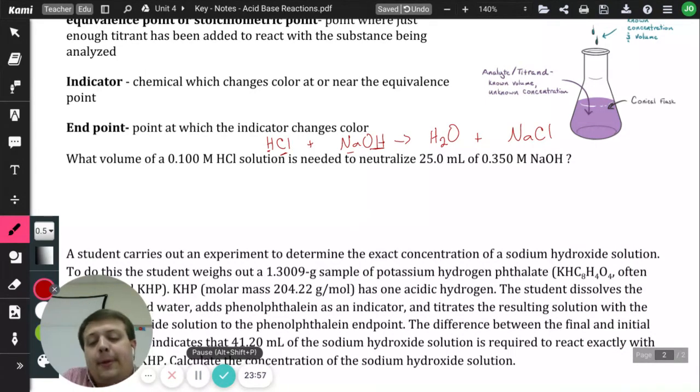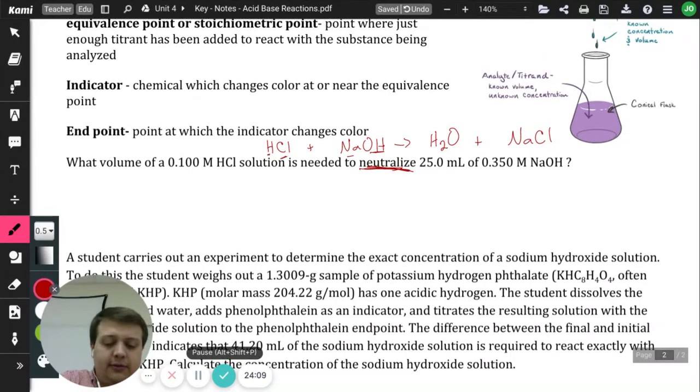Now, the question asks, what volume is needed to neutralize 25 milliliters of a 0.35 molar sodium hydroxide? Well, to neutralize it, that means our hydrogen concentration equals our hydroxide concentration. So we're going to want to neutralize to make sure that our hydrogen and our hydroxide concentrations are equal to one another.